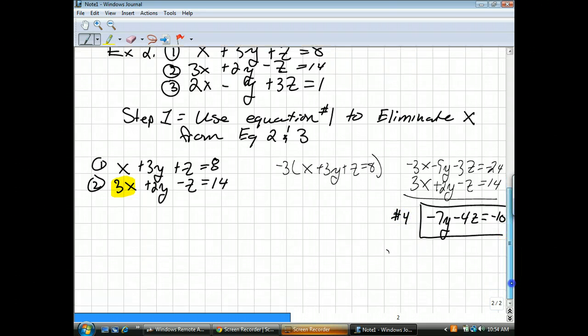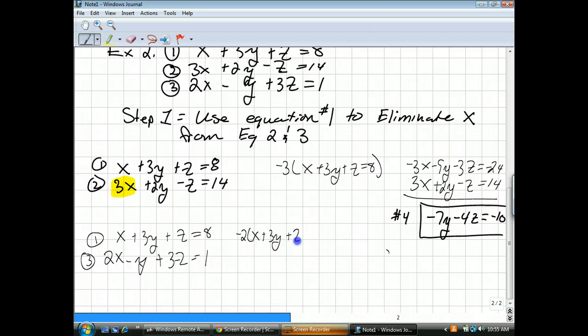Now I'm going to do the same process with equation 1 and equation 3. So equation 1 was x plus 3y plus z equals 8, but now I'm going to use equation 3. I need to multiply equation 1 by a negative 2. Notice I'm going to multiply the whole equation by that.